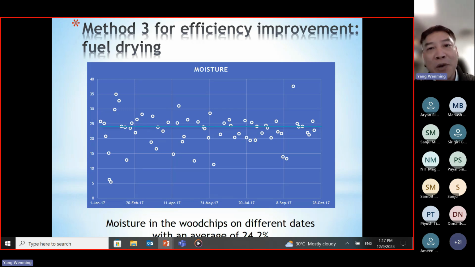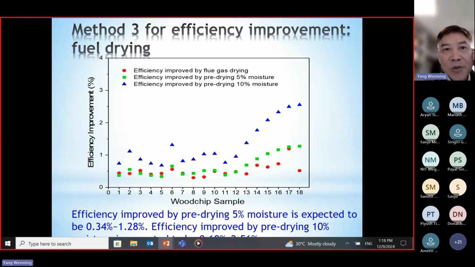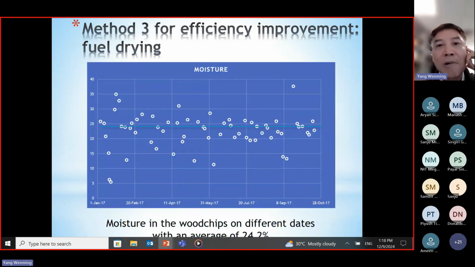For some of the rubbish, the moisture level can be as high as 60% or 70%, even much higher than this. Such a high moisture level will definitely affect the combustion process.